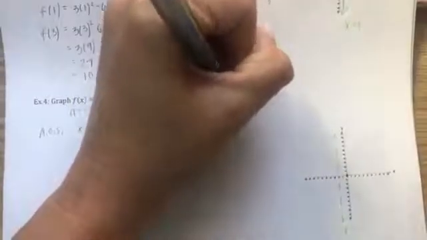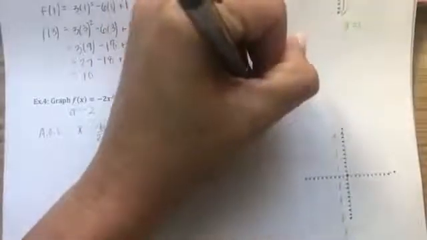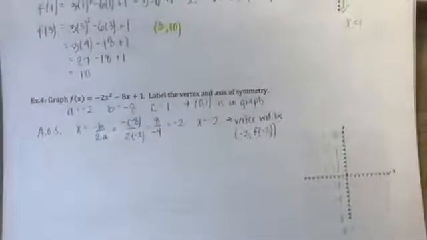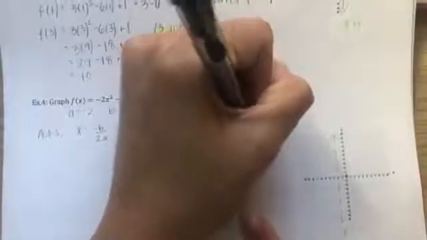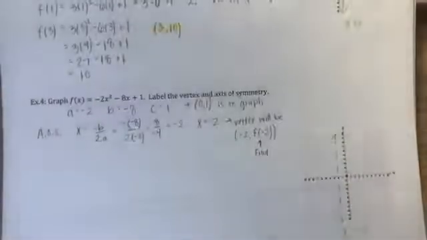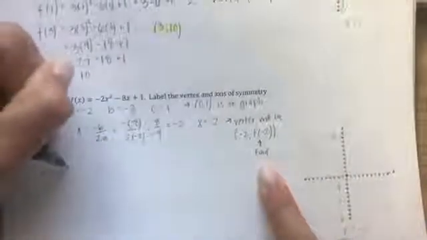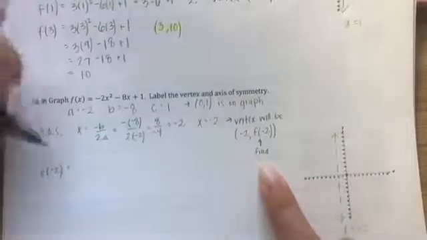And since we found that the axis of symmetry is x equals -2, that means that the vertex will be the point (-2, f(-2)). So we have to find this f of -2. It's not just given to us, we have to find it. So f of -2 is going to be the function evaluated at x equals -2.